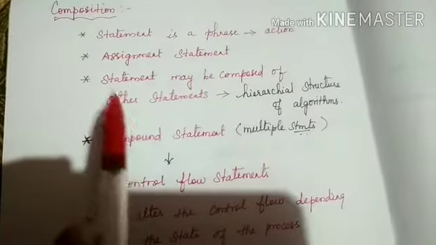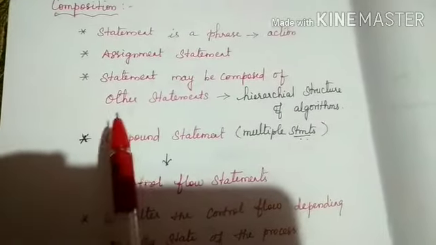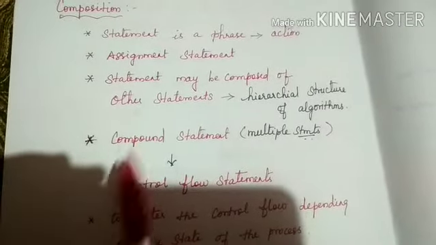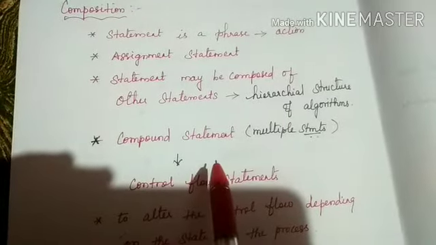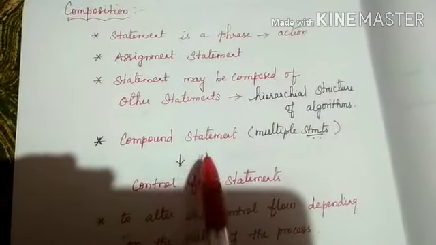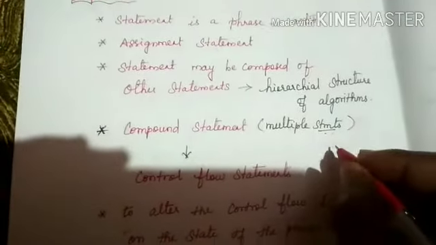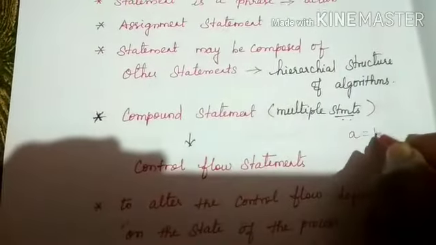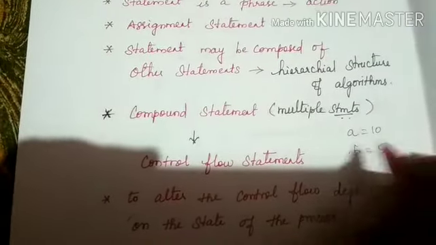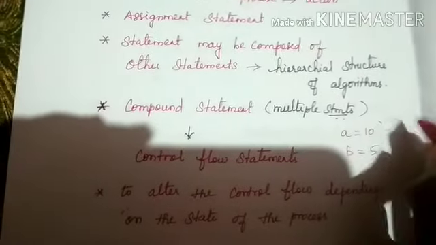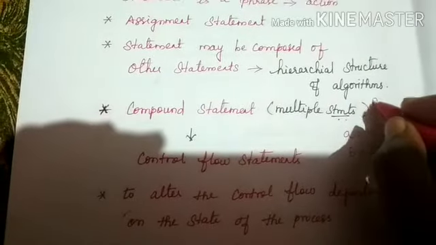And the next one is the compound statement. What do you mean by compound statements? Multiple statements declared within a single statement is named as compound statements. For example, A equal to 10, B equal to 5 should be written within a single statement.